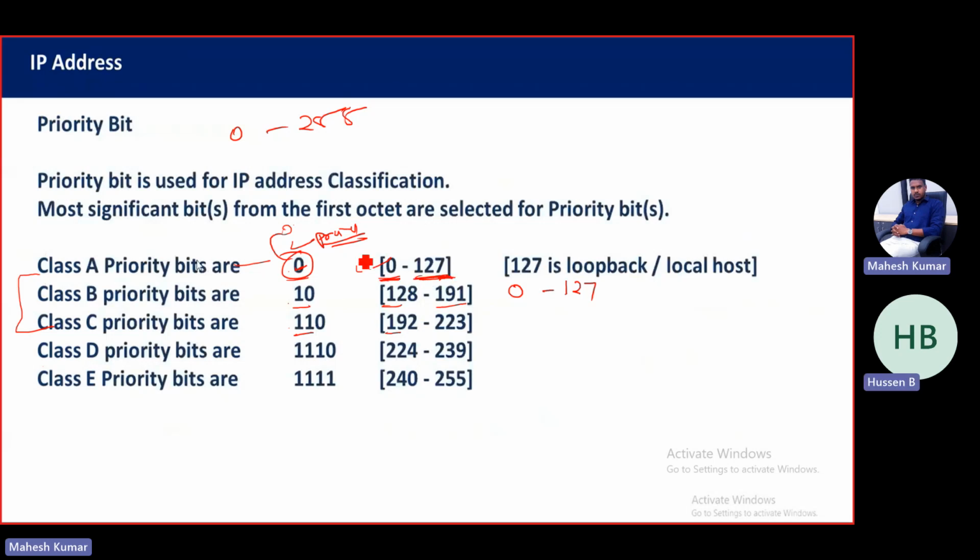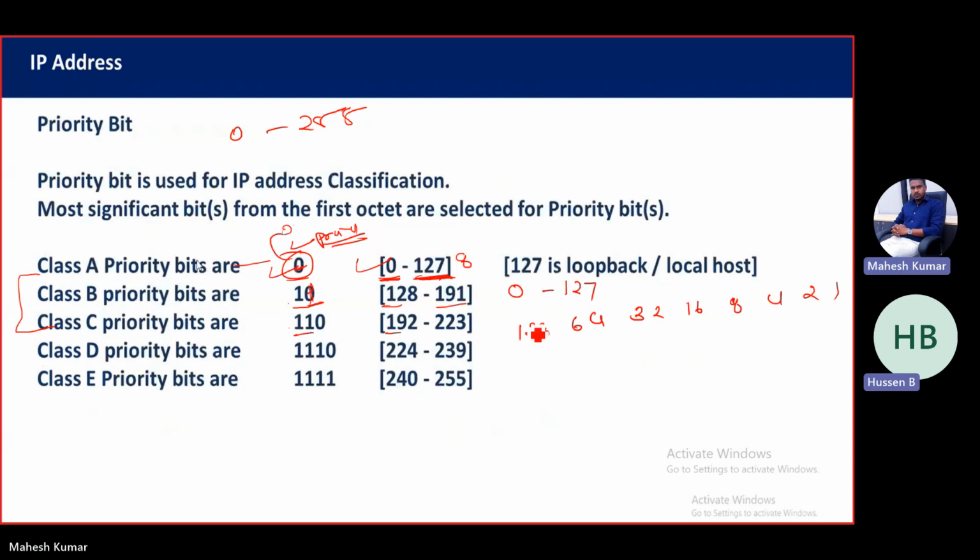If I use 128, then I need to enable another bit also, right? That's the reason we cannot go beyond 127 in class A. Let's suppose 128, 64, 32, 16, 8, 4, 2, 1. The first bit I'm using as a 0 here.